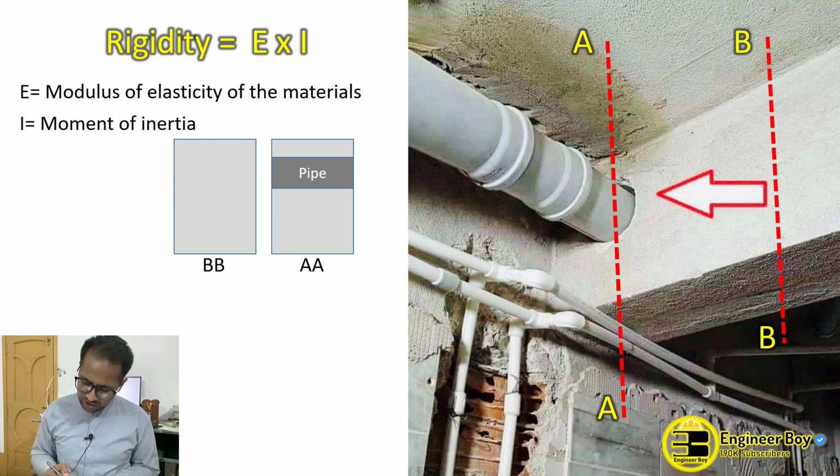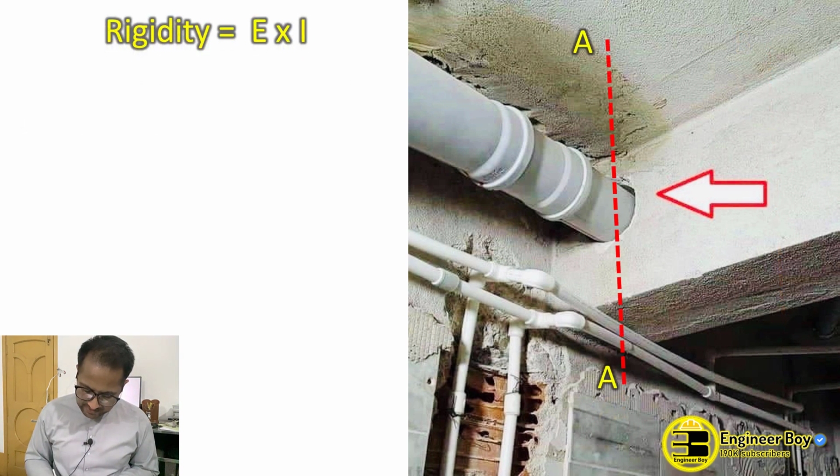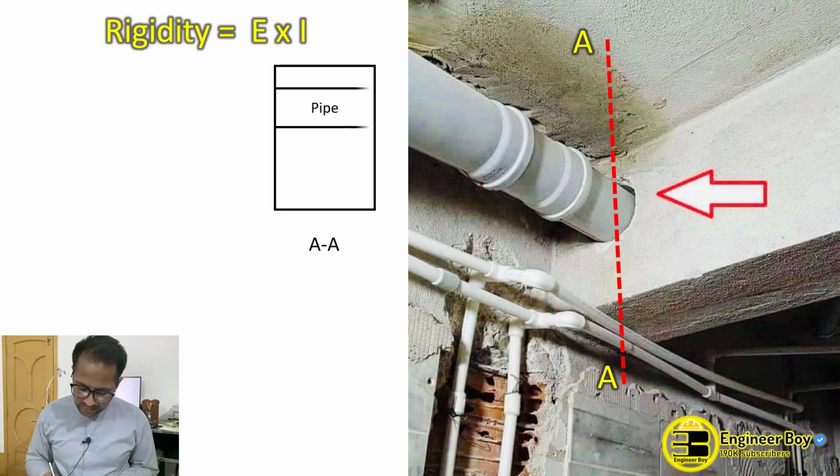Okay, let's just consider section AA. If you just draw this section, it's going to be the same thing as this one. So we have a hole for the pipe, and remember the moment of inertia about, you can say, the x-axis.